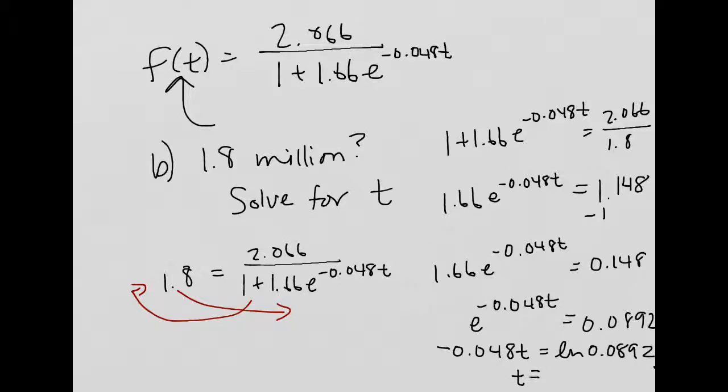So t is ln 0.0892 divided by negative 0.048. Let's do that. Ln of 0.0892, I get a value on my calculator of negative 2.41. I divide that by negative 0.048 and I get 50.35. So this is time in years.